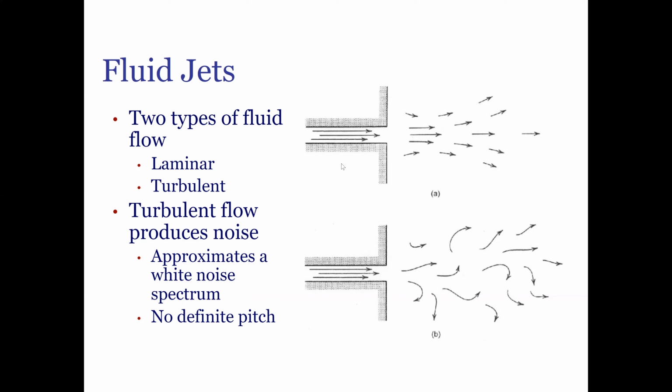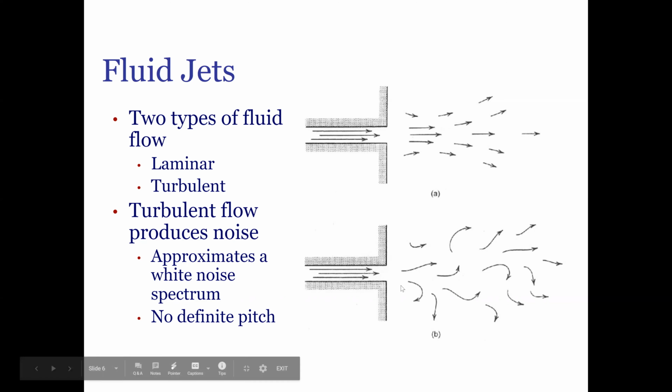You may remember that as a kid trying to blow in a recorder and you don't get anything. That might have been why, because you didn't get the turbulence in the airstream that you were looking for. At the bottom here, we have a turbulent flow. You have a lot of rotational component to the motion instead of just straight linear motion.